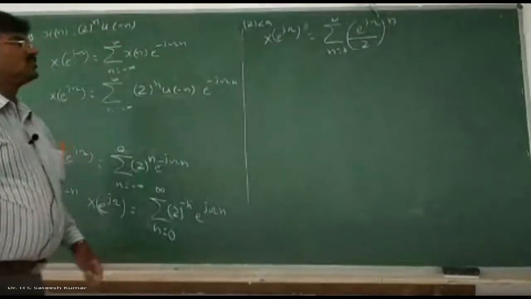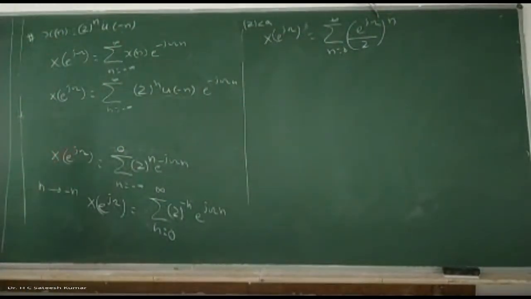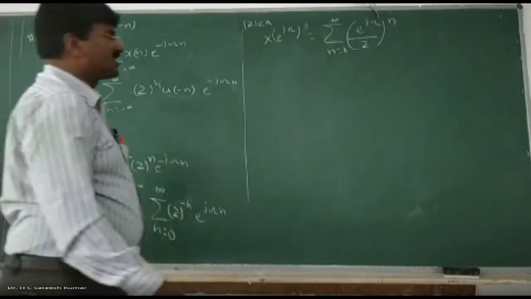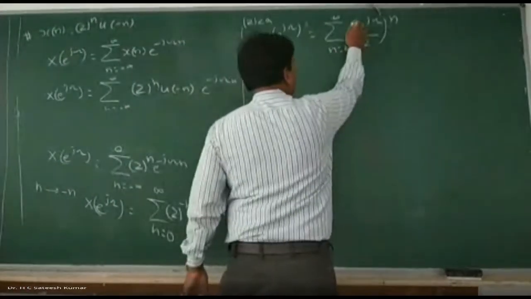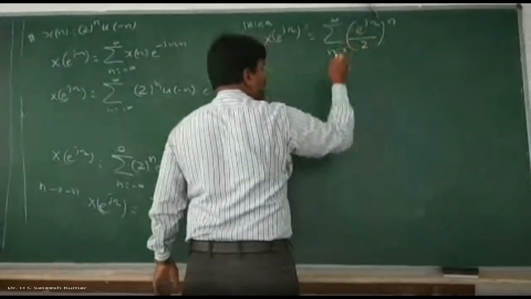This is of the form summation 0 to infinity a to the power n, which is 1 divided by 1 minus a, provided magnitude of e to the power of j omega divided by 2 is less than 1. Definitely the magnitude is less than 1, because magnitude of e to the power of j omega is 1, divided by 2, so 1 by 2 is less than 1.